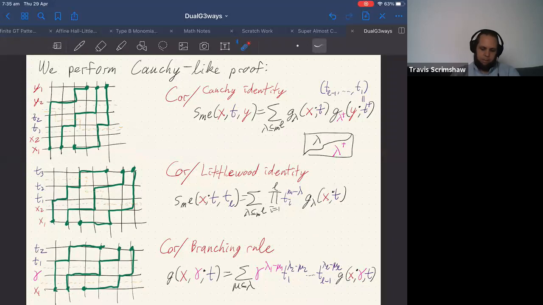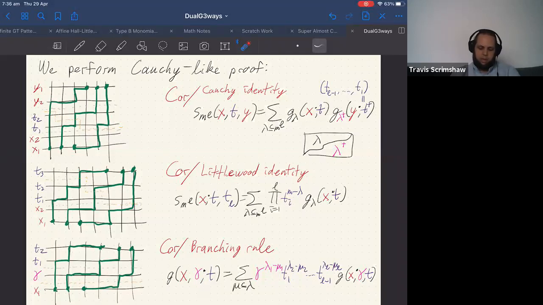But because we have that choice, well, we know that it's still equal to a dual Grothendieck. And so when we look at this model here, this is just the Schur function for an m by L rectangle in 3 sets of variables: the x's, the t's, and the y's.